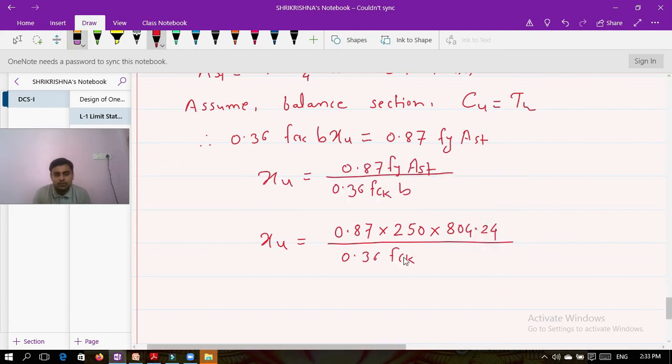The value of fck is 20, into b. The value of b is 250. So from this you will get the value of Xu. Let me know the value of Xu.